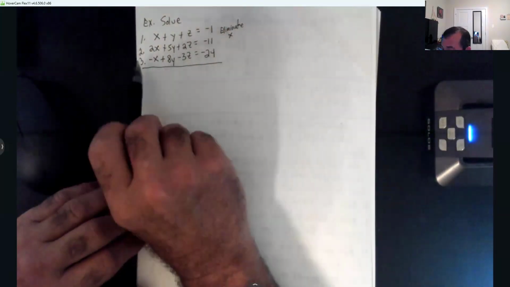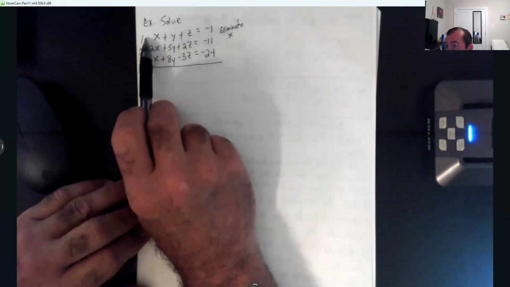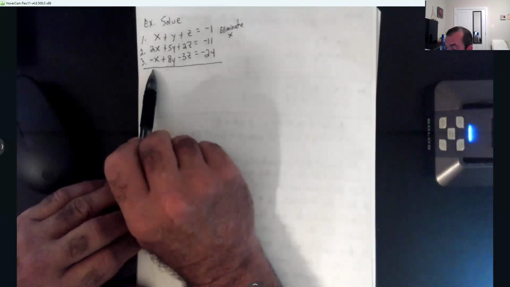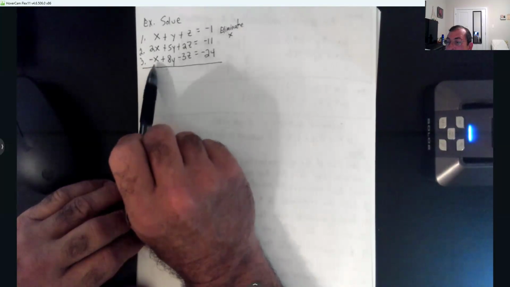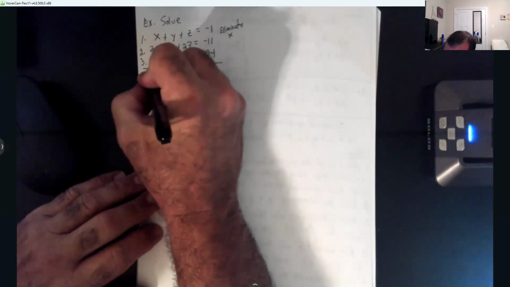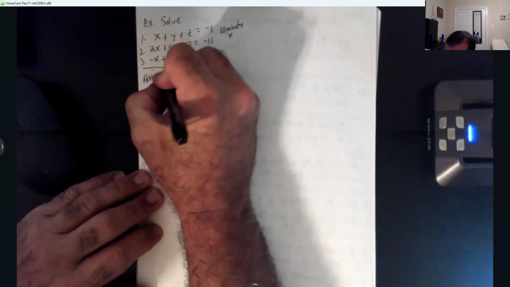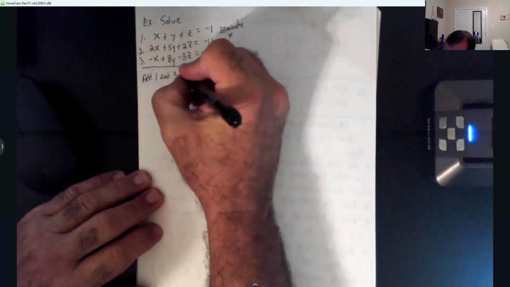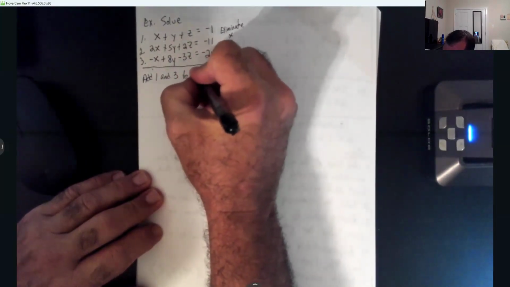So I'm going to eliminate the X. So do you see right off the bat, if I add row 1 and row 3, you got an X and a negative X. That's going to cancel the X's right there, right? So let's do that first. I'm going to add 1 and 3 to eliminate X.